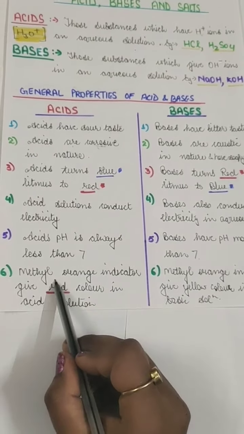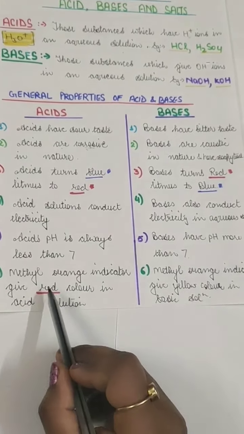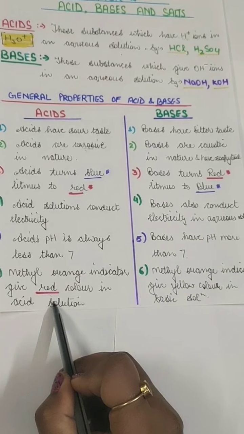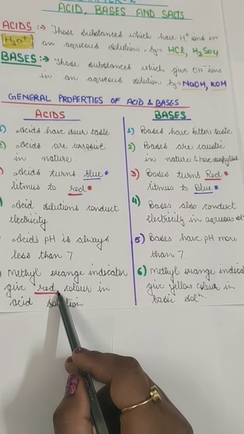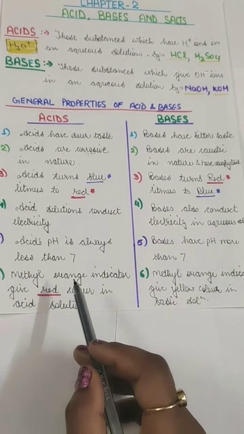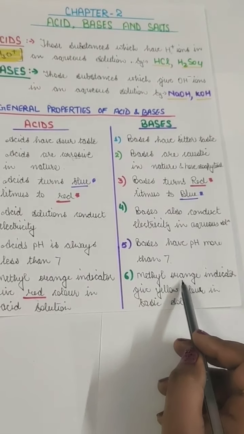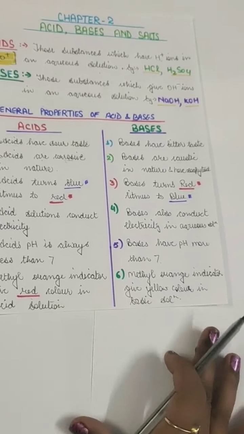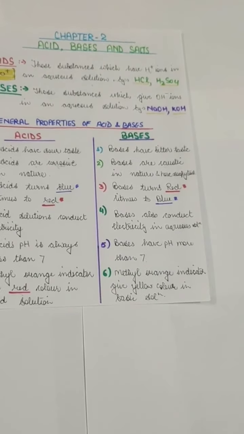Now the next indicator is methyl orange indicator. Methyl orange gives red color in acidic solution. So acid always turns the solution red, or in other words an orange tone, so red color. And methyl orange gives a yellow color in the case of bases. So indicators, we'll be learning more about indicators.